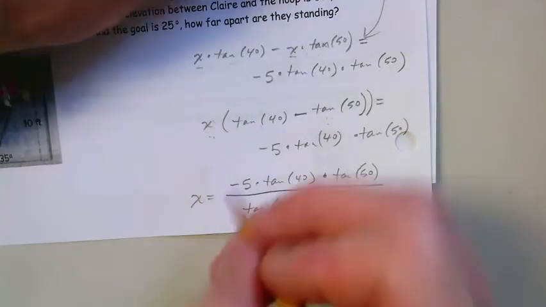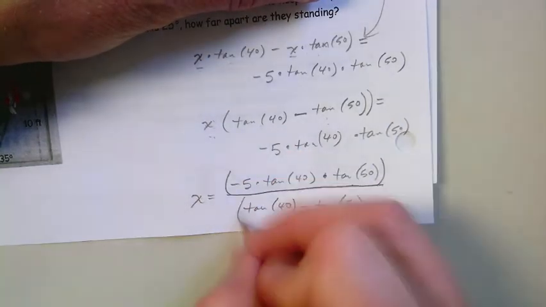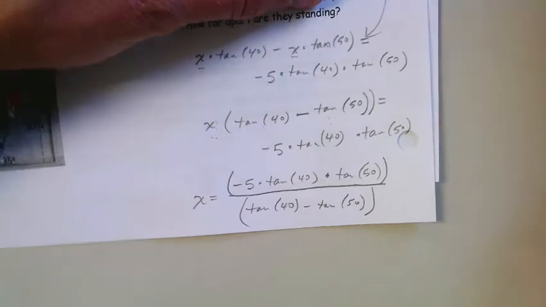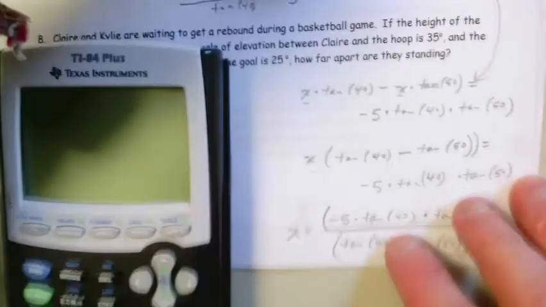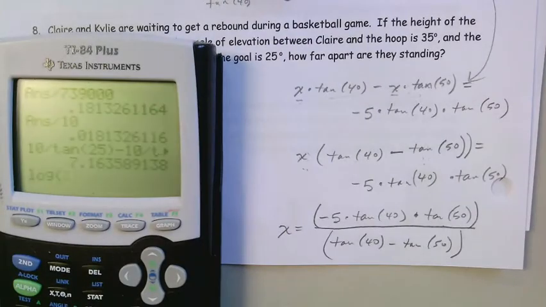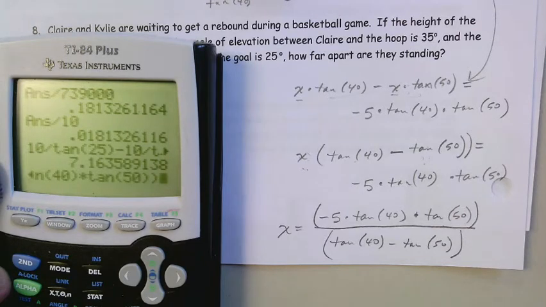Okay? Now because we're dividing all this, I would make sure that I have parentheses around everything. So here's how it's going to play out. Parentheses, -5 times the tangent of 40 times the tangent of 50, and we're going to close off that whole top of the fraction.